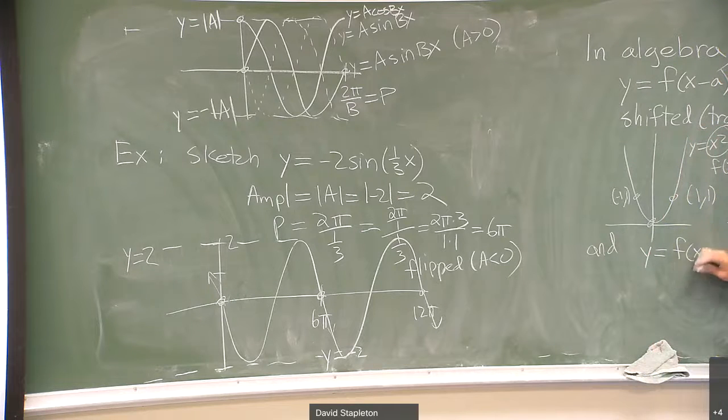Oops, that's wrong. f of x plus b on the outside. That just adds b to every y coordinate, right? It's y equals f of x shifted b units vertically, right? Because it adds b to every y coordinate. If b is negative, it can go down.